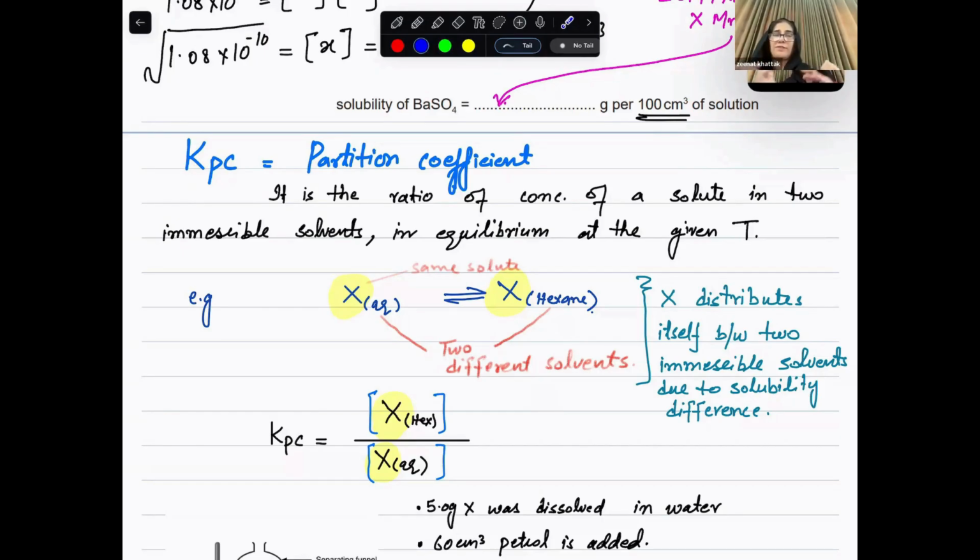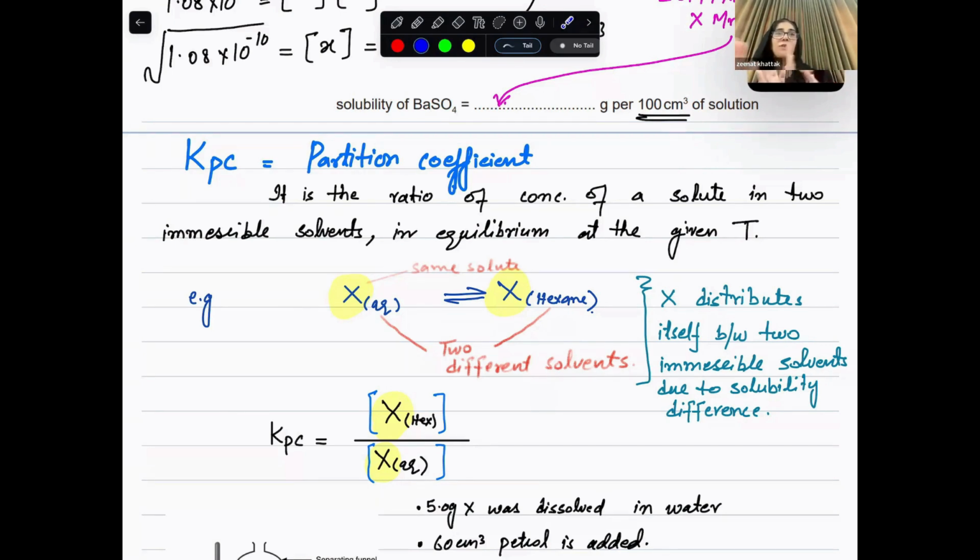They're not going to mix, and you add a solute. That solute will distribute itself between the two solvents. So the solute is now dissolved in both the solvents. In one it would definitely be more, in the other, less.